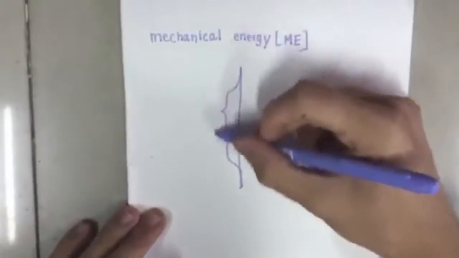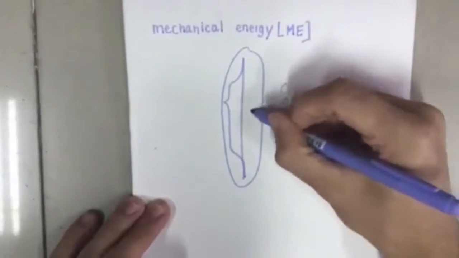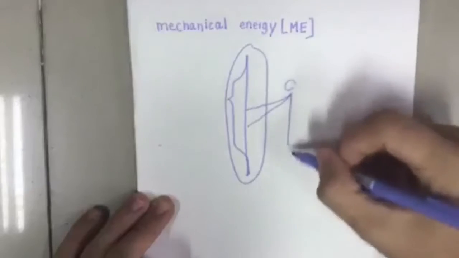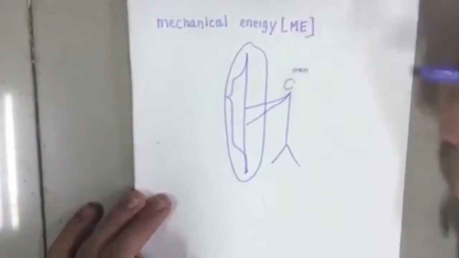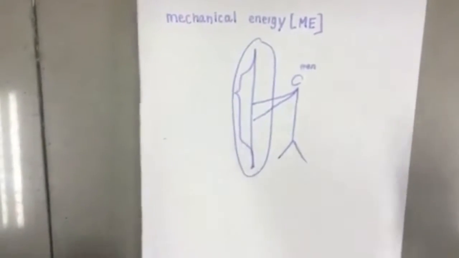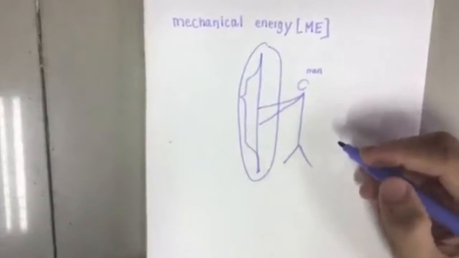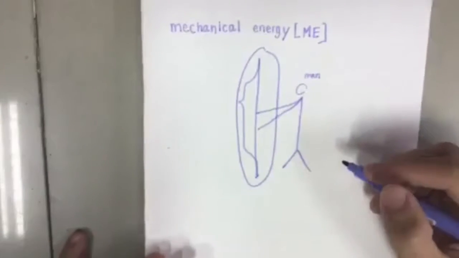This is an arrow and a man. The man drew the arrow, so it has mechanical energy in the form of elastic potential energy.